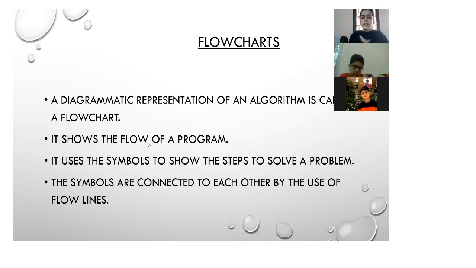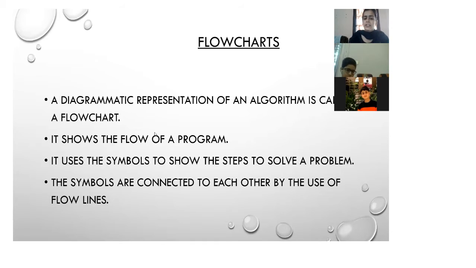When you represent your algorithm in the form of a flow, in the form of symbols, in the form of a diagram, that is called your flowchart. Is it clear? When we are representing our algorithm in the form of a diagram using some symbols, that is defined as your flowchart. Clear, students?